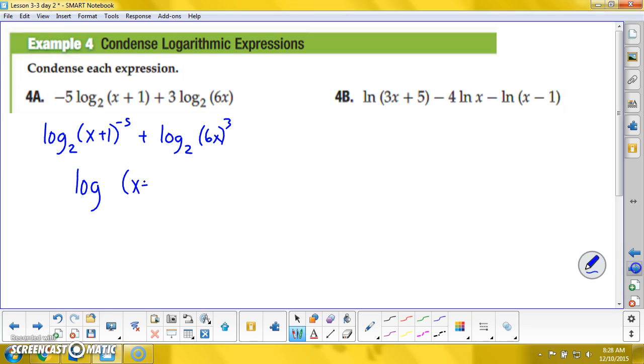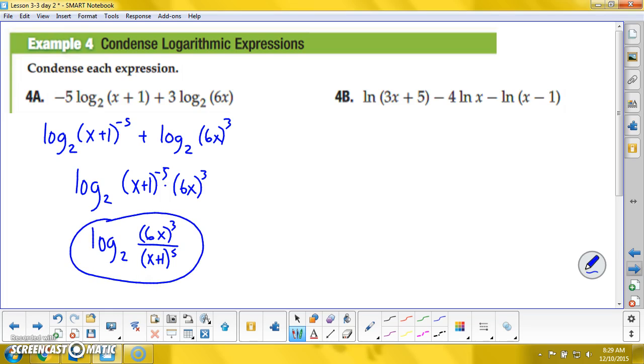So x plus 1 to the negative 5 times 6x cubed. This is a base 2. And that's okay for an answer. I would rewrite this because negative exponents we usually get rid of. So 6x to the third over x plus 1 to the positive 5 base 2 is the best way to write that.